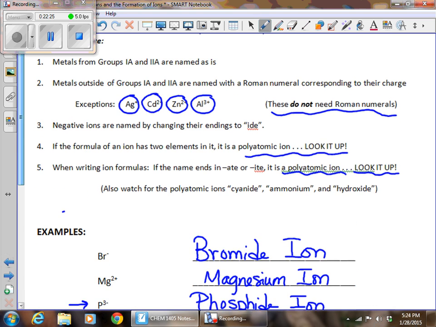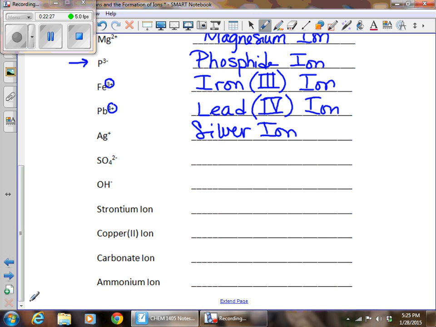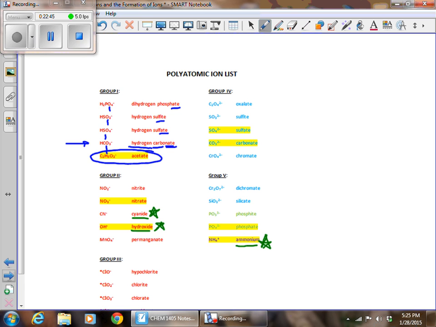Okay, so let's go back here to our list again. SO42-, as soon as we see that it has more than one atom in it, we're going to go to our polyatomic ion list. We're going to look for 2, so we won't have to keep flipping back and forth. We're going to look for SO42-, and we're going to look for OH-. So let's go back over here.